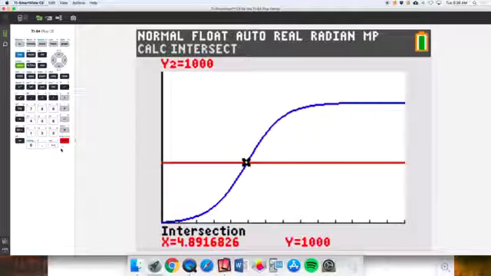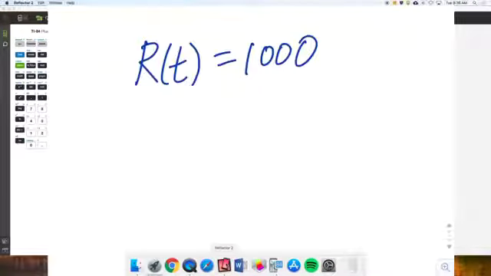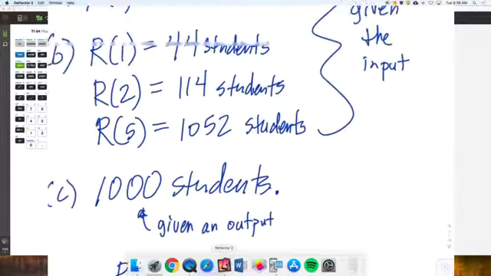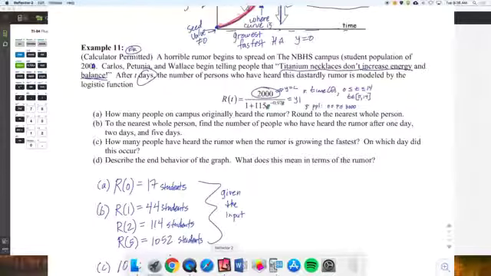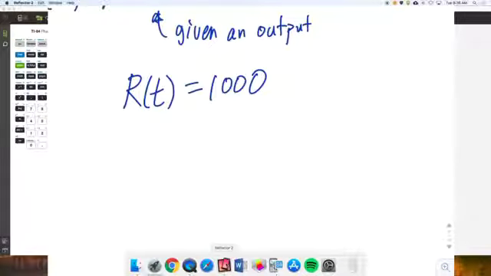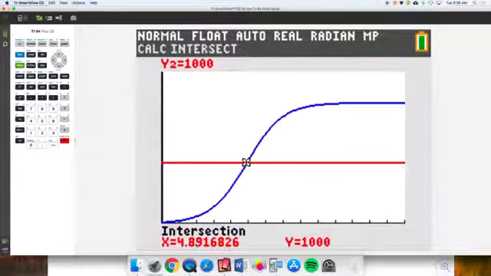Now, did it say to round to the nearest day? Let's read. It just said on which day did it occur. So we could say t equals, and then, on which day did it occur, what day would that be? On the 4th day? Here we have to be careful.